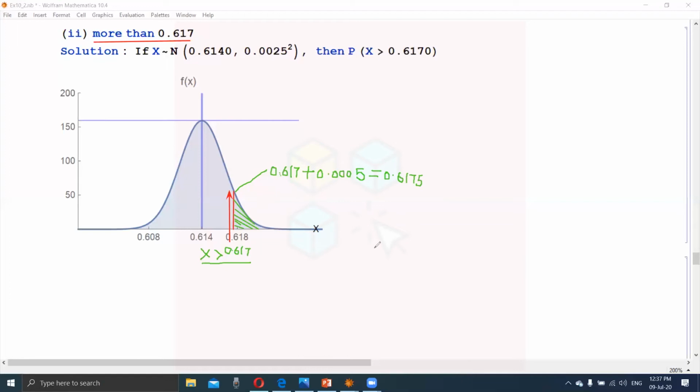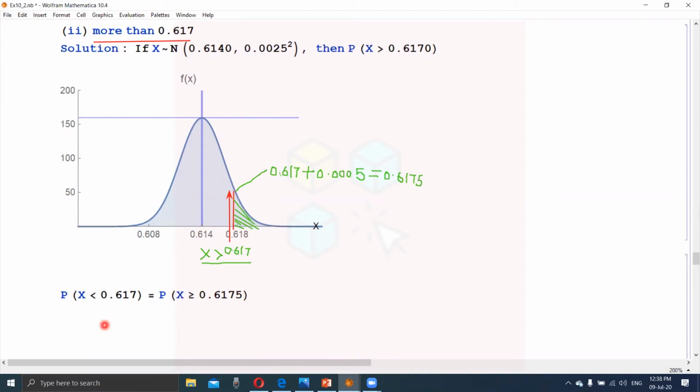So the required probability is that x is greater than or equal to 0.6175. This can be obtained by converting this x point into the z-score.